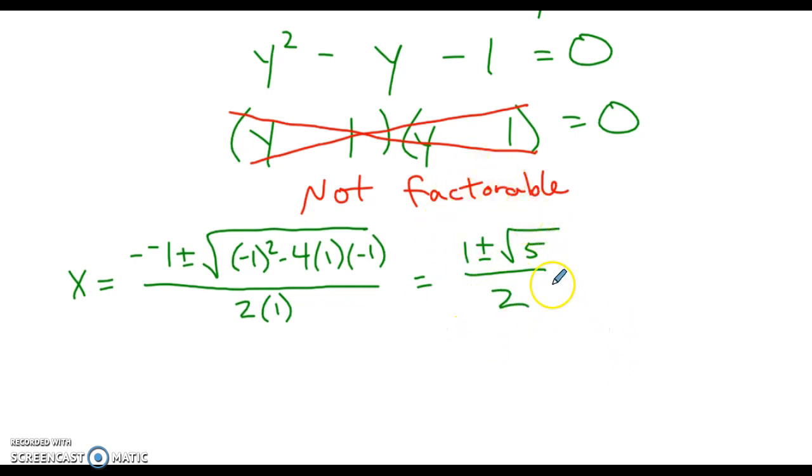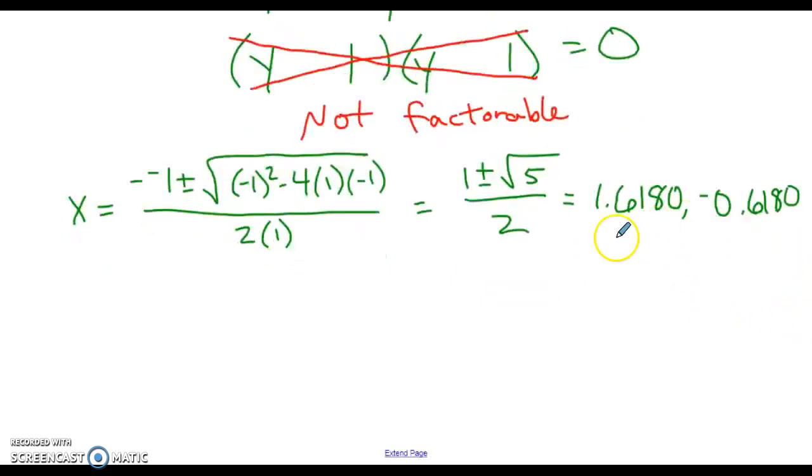But for our purposes, this one isn't on the unit circle, so I'm going to use my calculator to get decimal approximations for 1 plus square root 5 over 2, and that's 1.6180. And if I do 1 minus the square root of 5 over 2, I get negative 0.6180. So those are my two answers for y.